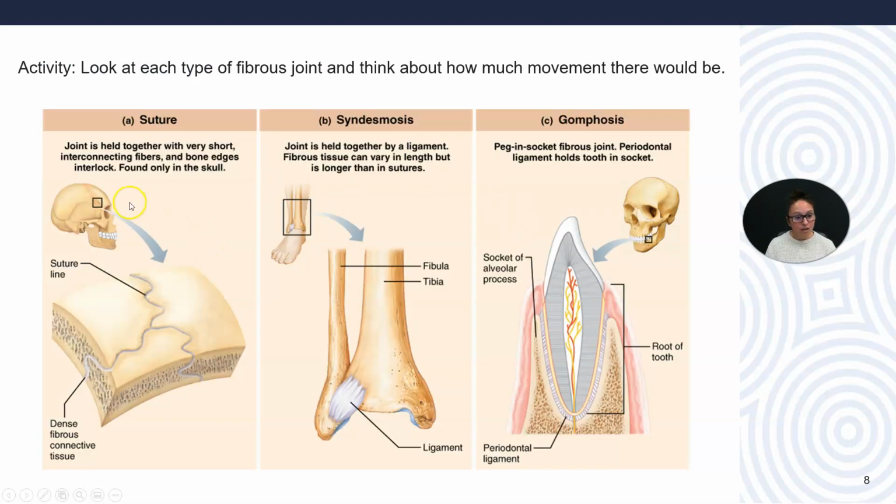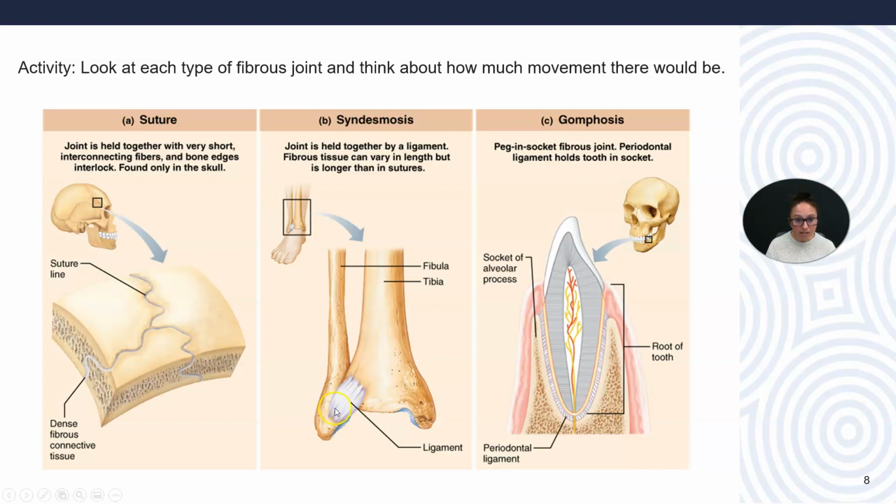Look, the bones of your skull: between the bones there is a fibrous joint. Now, do you reckon that your skull bones move a lot? No, they do when you're a little baby, but remember, as Keaton taught us in the last lecture, after a while these fuse and they do not move. The skull is like a helmet for your brain.